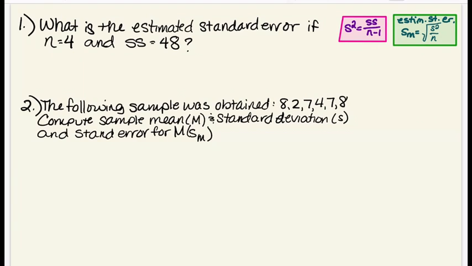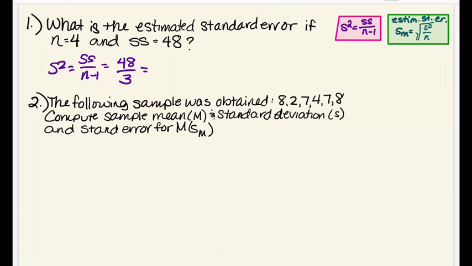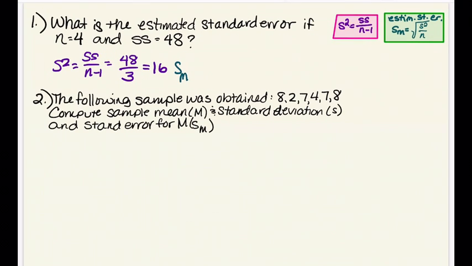The first question asks for the standard error, knowing what n and the sum of squares is. We can't find the standard error until we first determine what the sample variance is. Sample variance is the sum of squares over n minus 1, and that will give us a sample variance of 16.